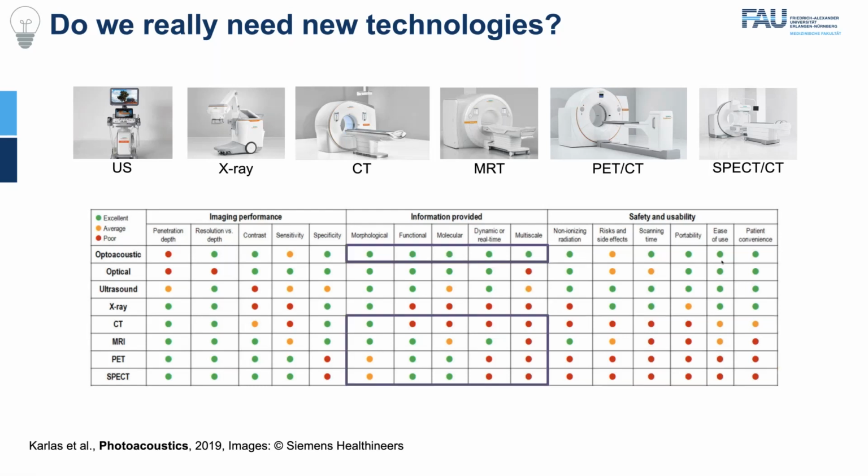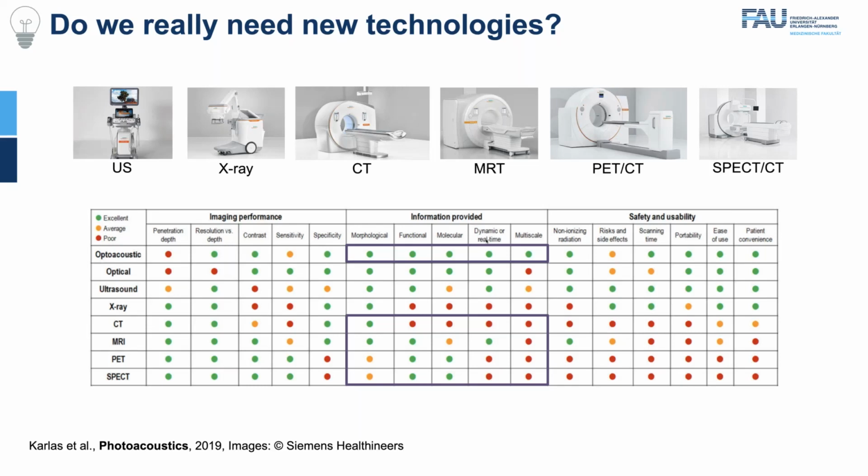If you look at the information which you can derive from such an imaging technology, you can see that with optoacoustic imaging you get morphological, functional, maybe also molecular and dynamic information, which you can't get, for example, from a PET or a SPECT image. So I think this technology really has unique properties which we can use, and I will show this later.